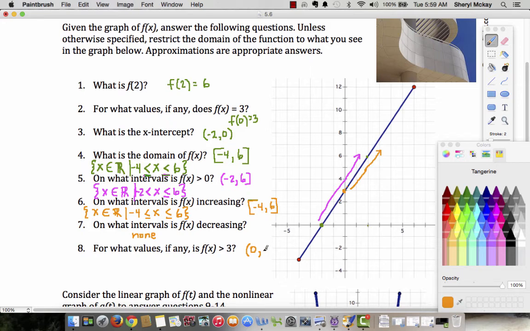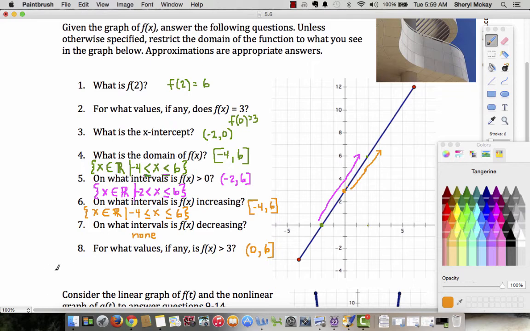All right, so f of x is greater than 3 when x is bigger than 0, so the 0 isn't included, all the way until 6. And 6 is included, okay?